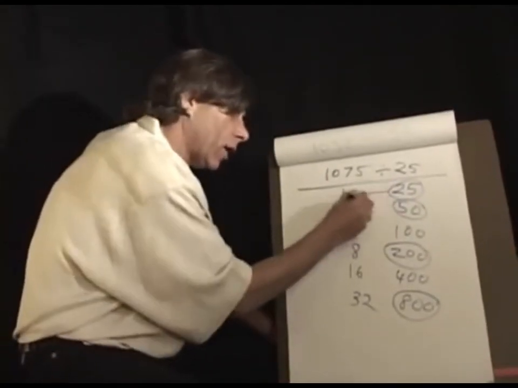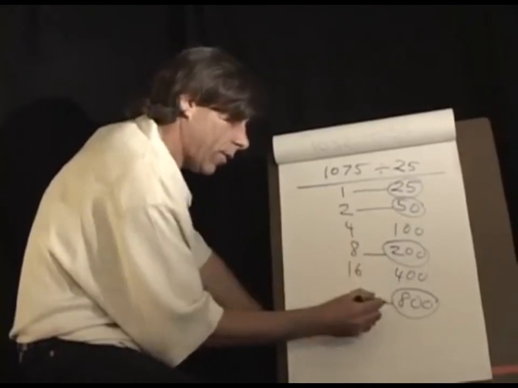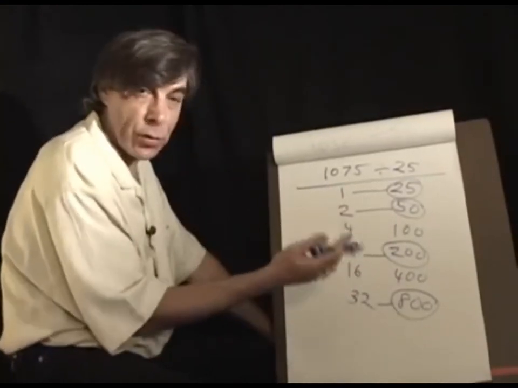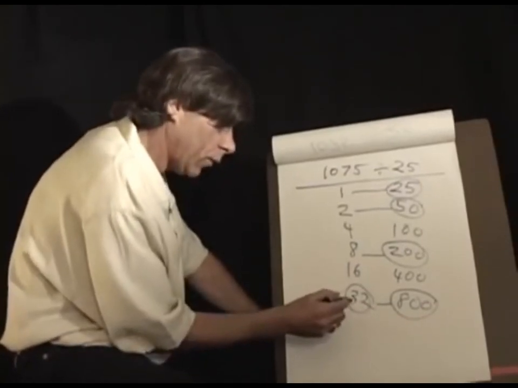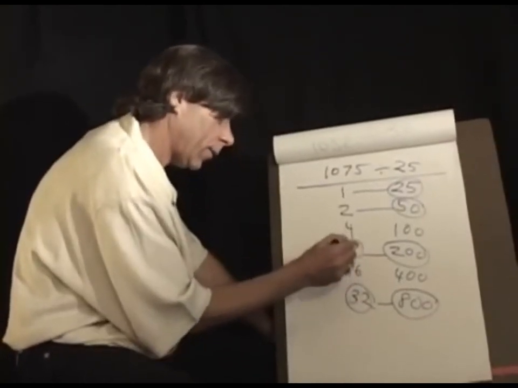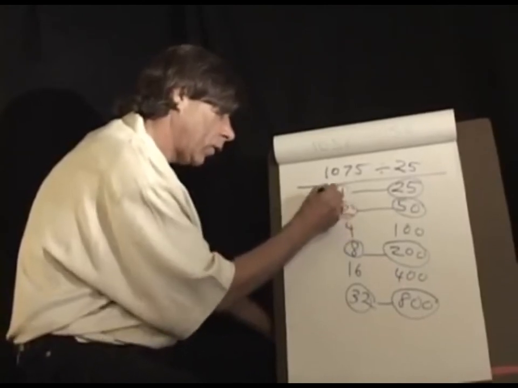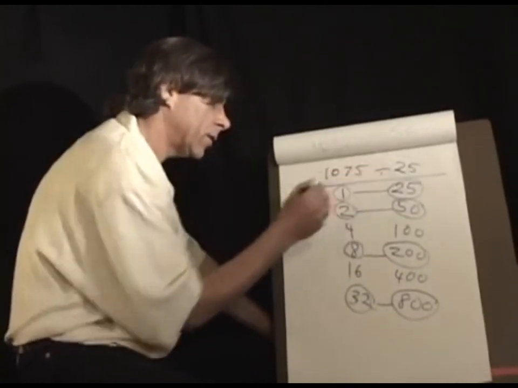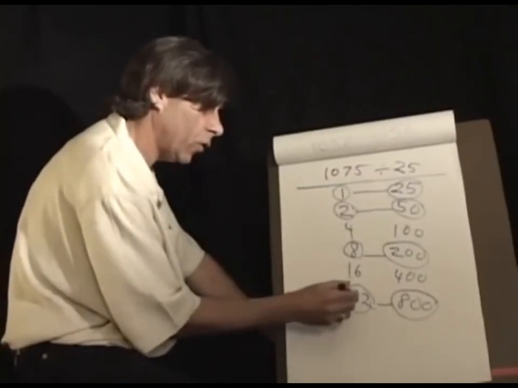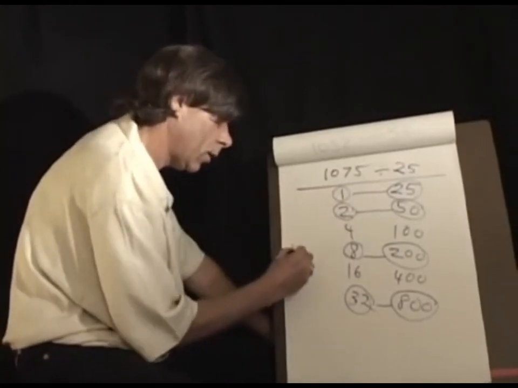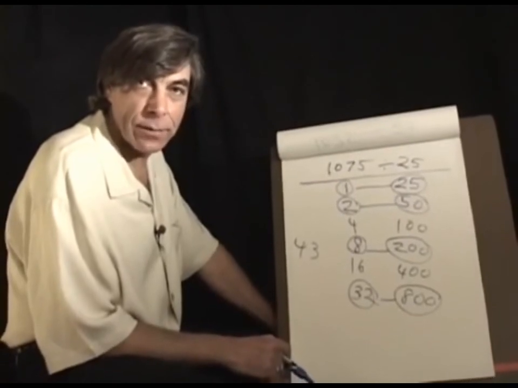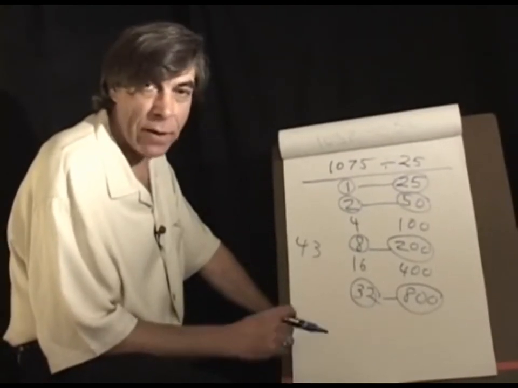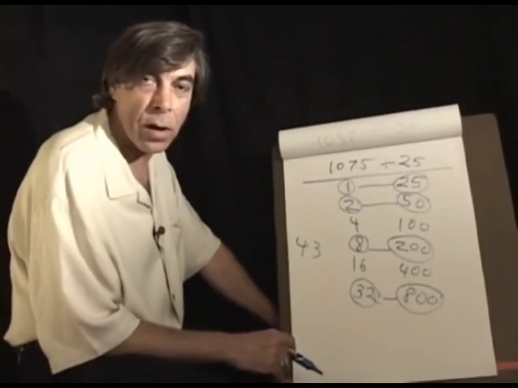I just have to look across at the numbers that correspond there, or in a computer there would be an electrical circuit. And if I know that 32 plus 8 is 40, 42, 43. So 1075 divided by 25 is 32 plus 8 plus 2 plus 1, 43. No multiplication table, no long division, no carrying, no borrowing.